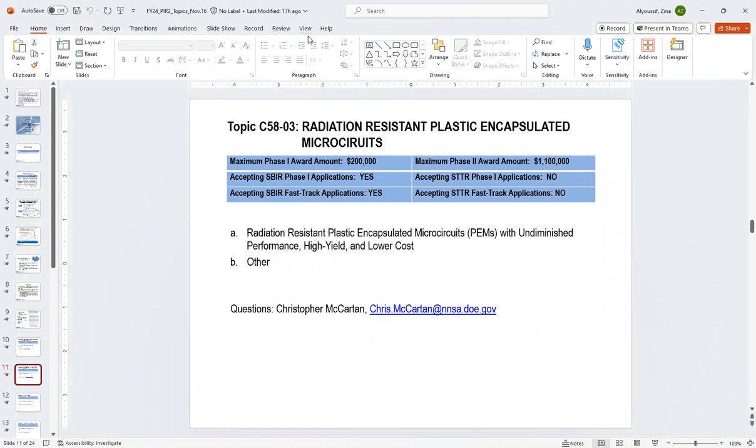Hi, so Chris McCartan, I'm the PI for the radiation-resistant plastic encapsulated microelectronics topic for the space-based nuclear detonation detection program. So what we're looking for here is we'd like to develop and improve methods for radiation shielding when it comes to components that are destined for space applications.